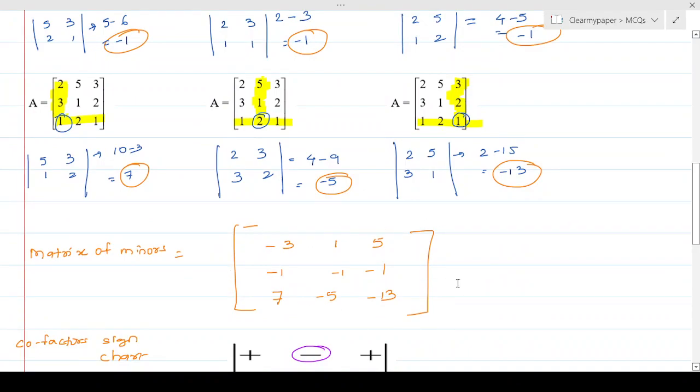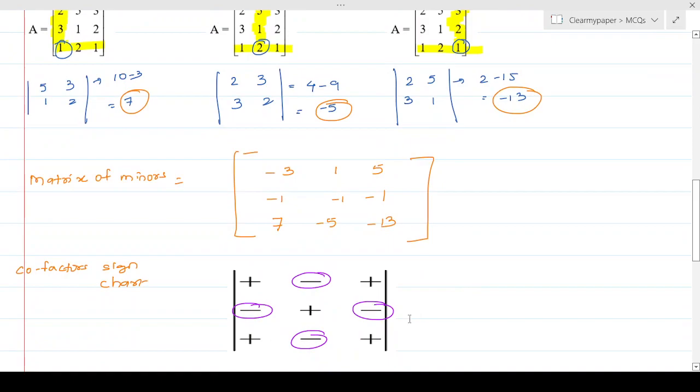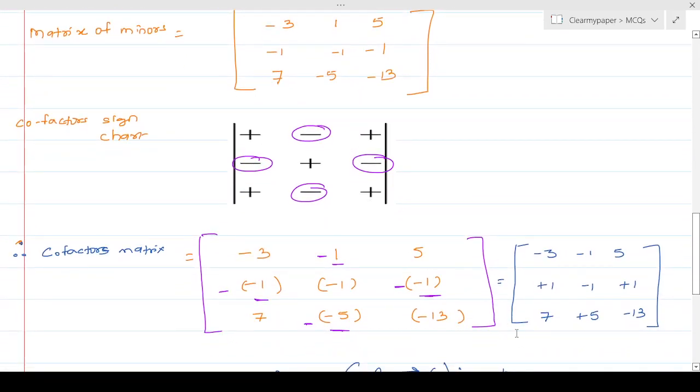Now we have to find a matrix of cofactors, which means we have to apply this cheat sheet of alternating plus or minus signs to this matrix, where the diagonal elements remain as they are without any change of sign, and the non-diagonal elements, which are highlighted in purple, will have the opposite sign of whatever was in the minor. Once you do that, you get this kind of cofactor matrix.